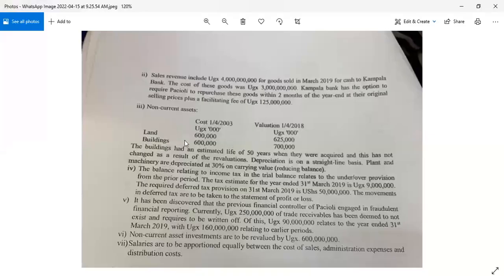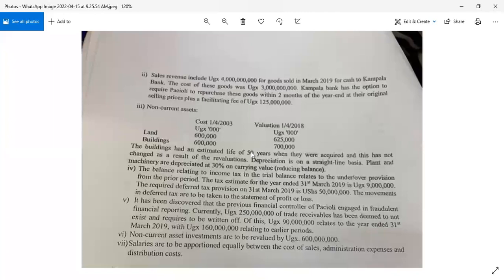I just dealt with the revaluation bit. Now they're saying the buildings had an estimated life of 50 years when they were acquired. Remember they were acquired on 1st April 2003. So on that very date, they had a 50-year useful life. And they're saying this has not changed as a result of revaluation.